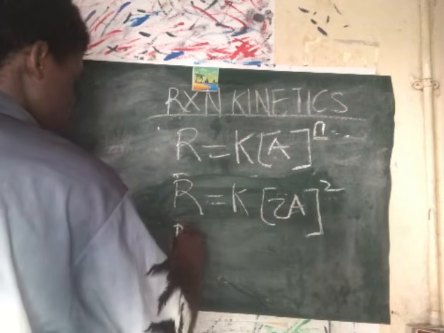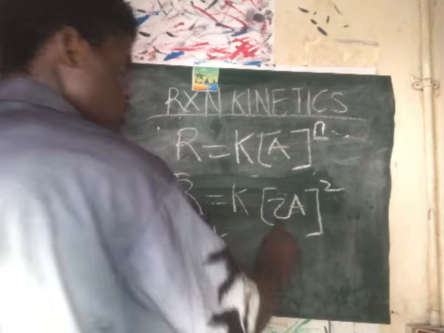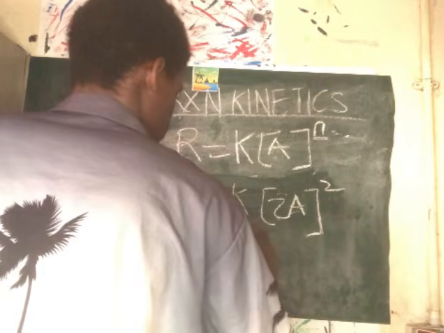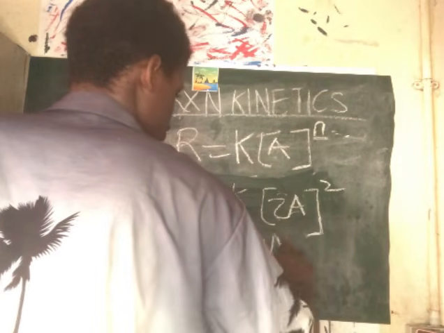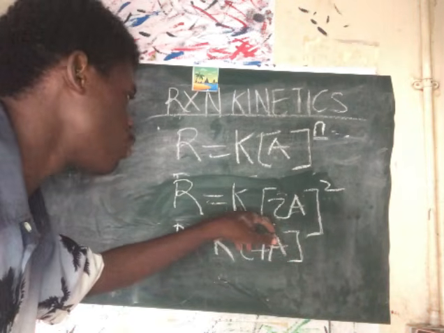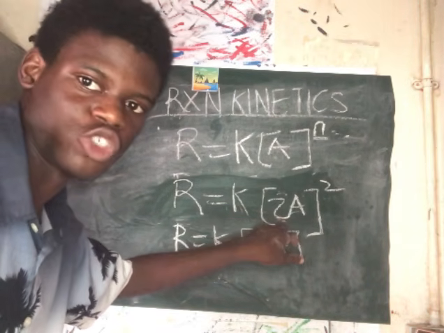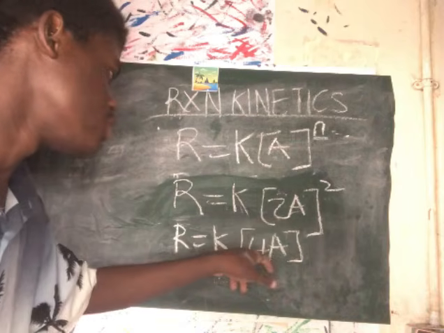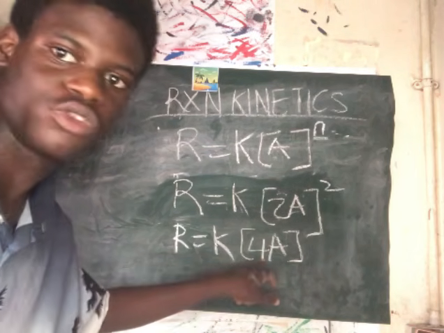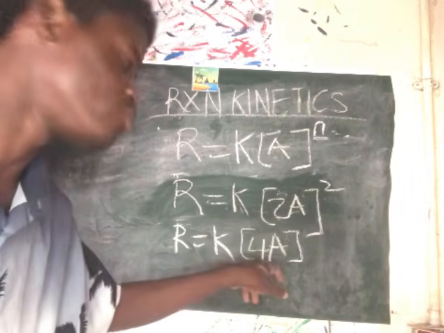So R is equal to K times 2 raised to power 2, which is 2 times 2, that's 4, so 4A. So you can see that in a second order reaction, when we double the concentration, the rate is quadrupled. You can see it's 4.